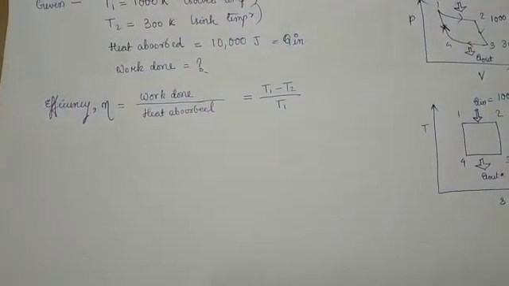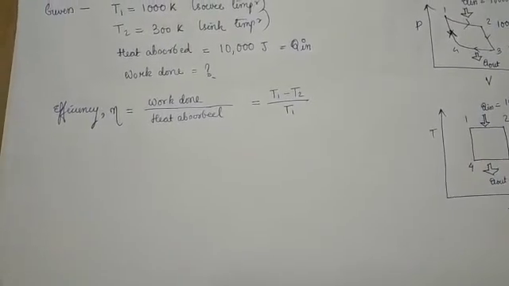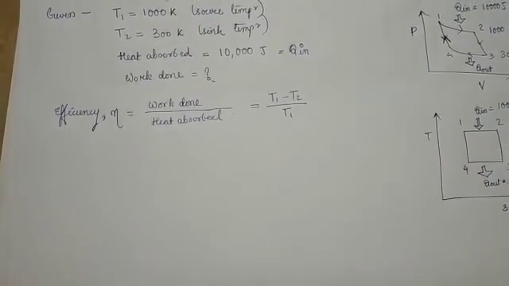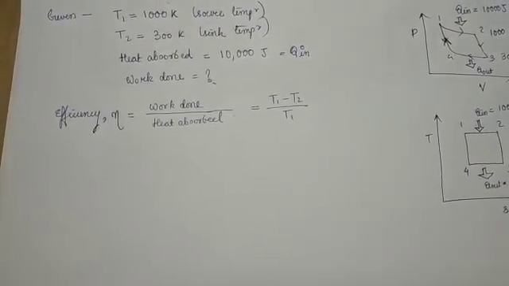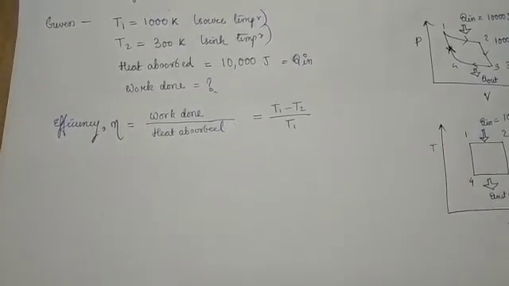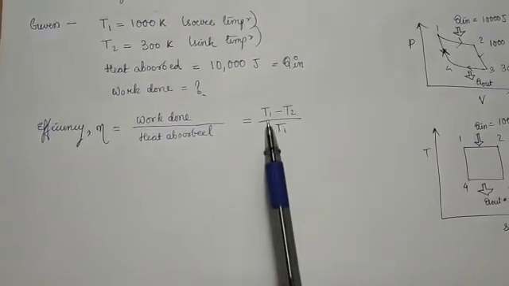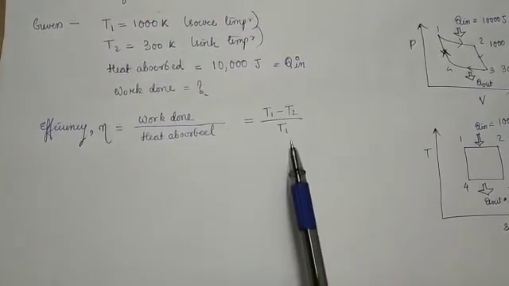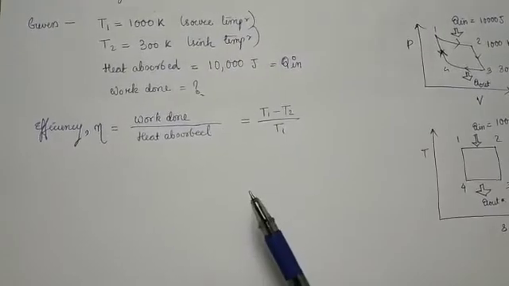Now, if you remember the formula of efficiency for a Carnot cycle, it is basically work done by heat absorbed. Or if we just put in the direct formula for it, it also is T1 minus T2 by T1, where T1 is obviously the higher temperature.